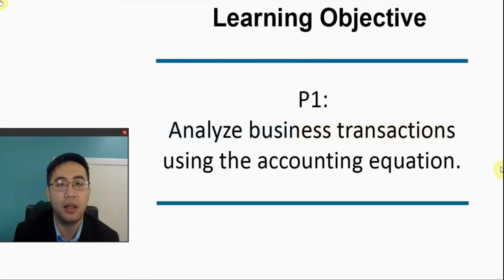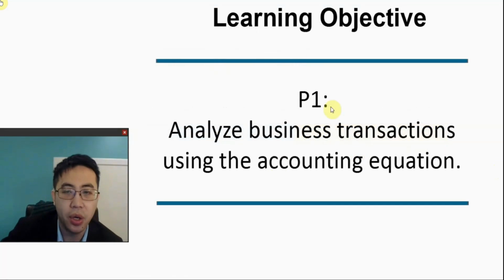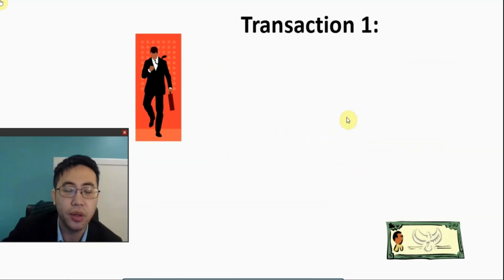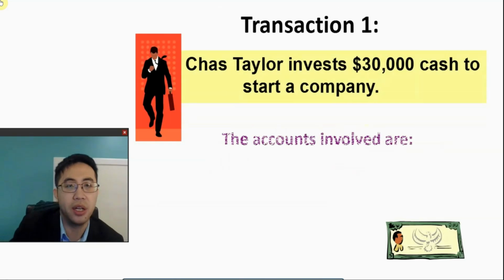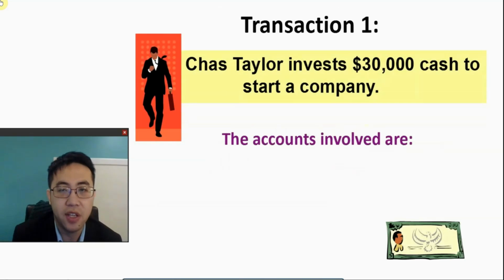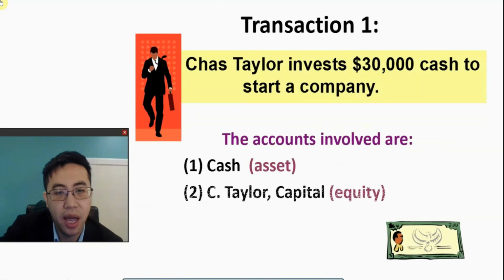All right, and now let's look at the analysis of business transactions using the accounting equation. The first transaction, we can call it an event or an activity. Right here it says Chas Taylor invested $30,000 cash to start a business. So that involves cash and also Taylor's capital.